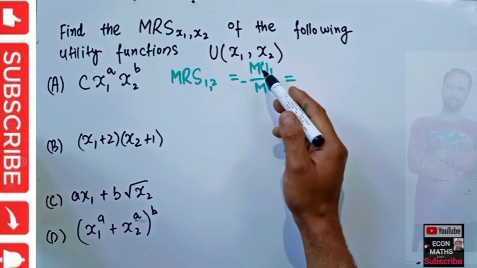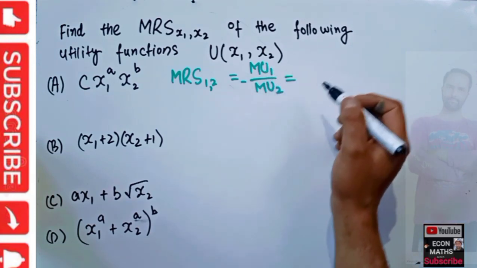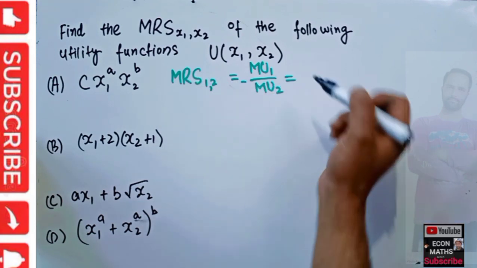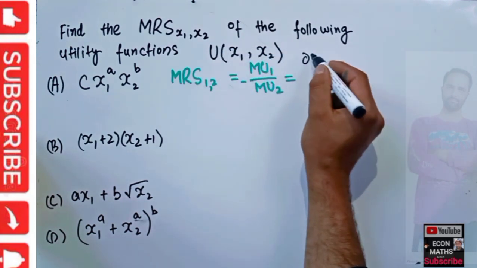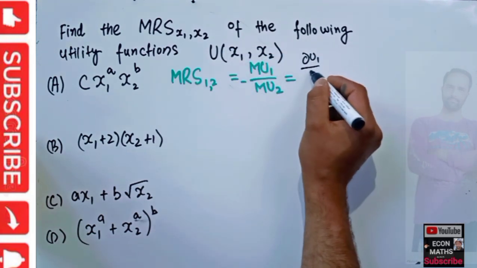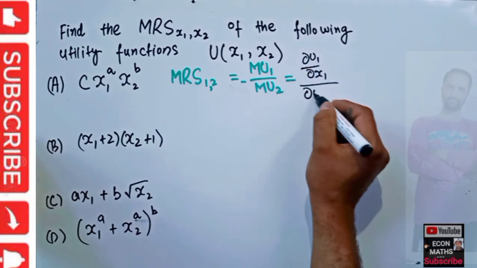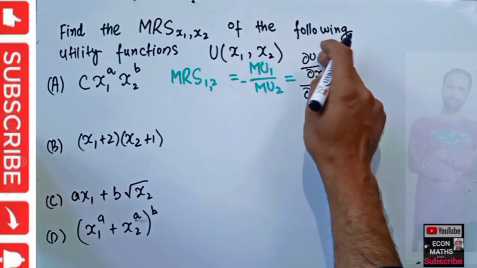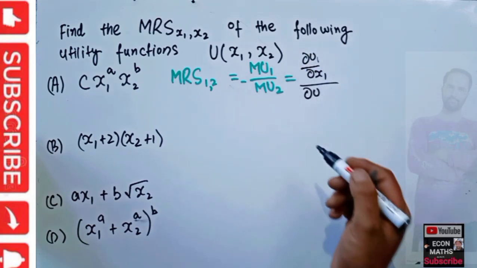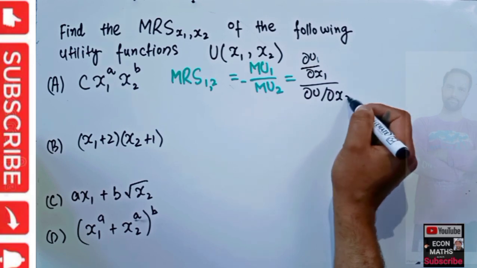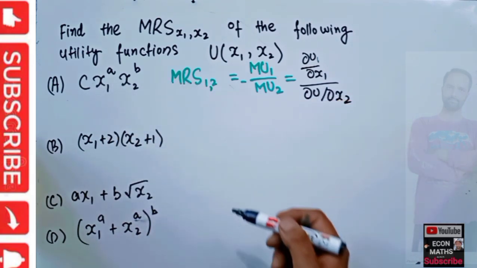Marginal utility of good 1 means the partial derivative of this utility function with respect to x1. So let's denote it by du upon dx1, divided by du upon dx2, which denotes the partial derivative of this utility function with respect to x2.